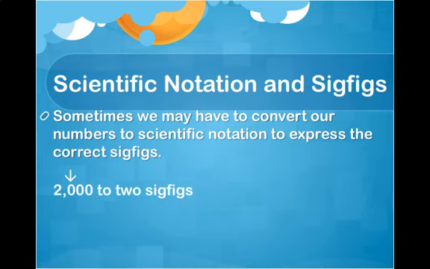The only way to do that would be to report it in scientific notation, 2.0 times 10 to the third, because this would then be the hundreds place, or the second significant figure in this measurement.